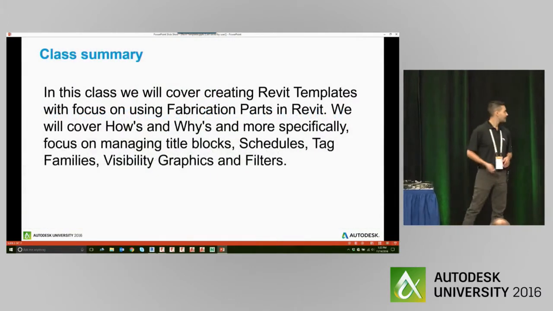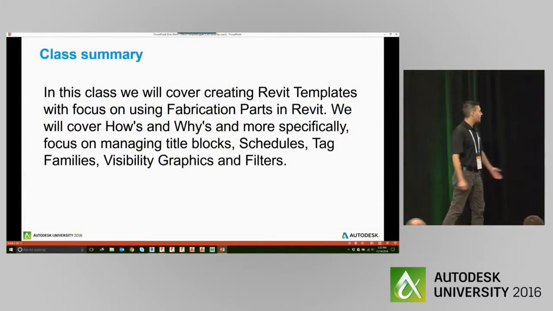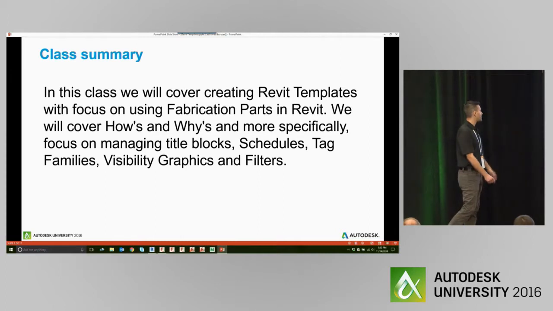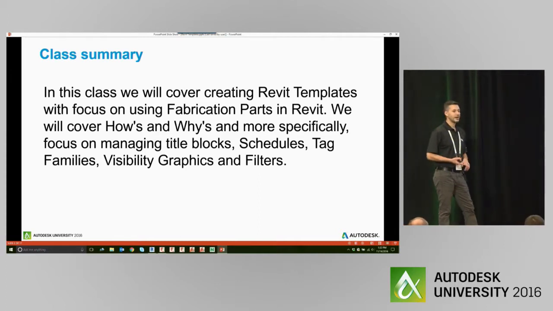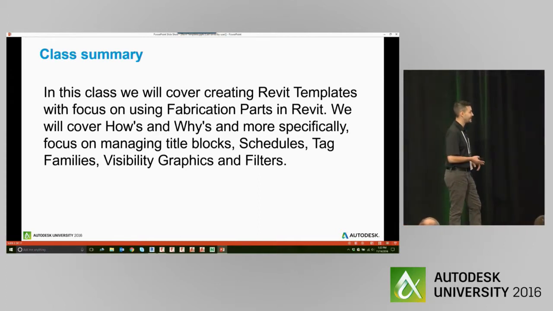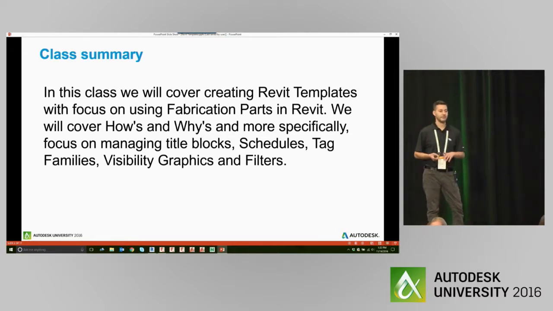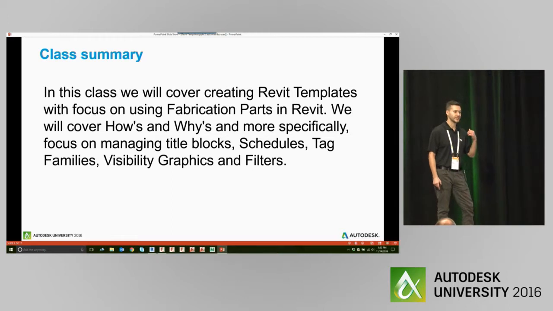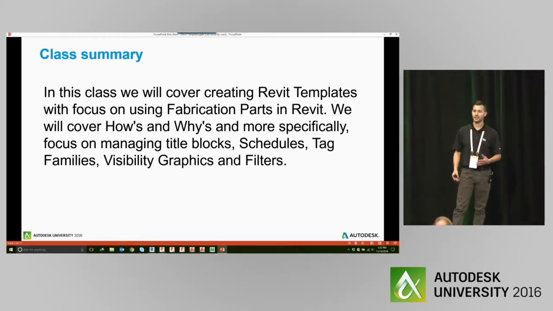So, in this class, we're going to go over Revit templates again. Specifically, we're going to be looking at title blocks, how to manage those, how to actually edit them, creating schedules, looking at tag families, and visibility graphics. So getting those service colors that you're using in AutoCAD with fabrication to carry through into Revit.